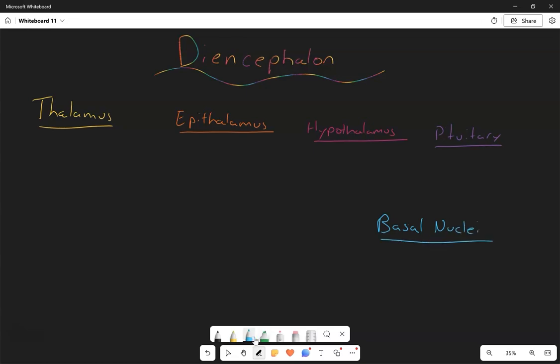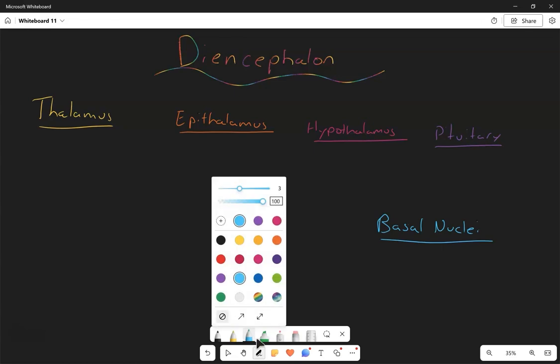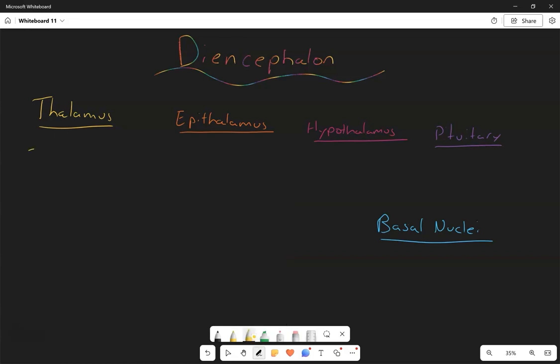So the thalamus is involved in receiving sensory information. So we're going to say it receives sensory information, and acts as the logistics system, or the UPS of the brain.